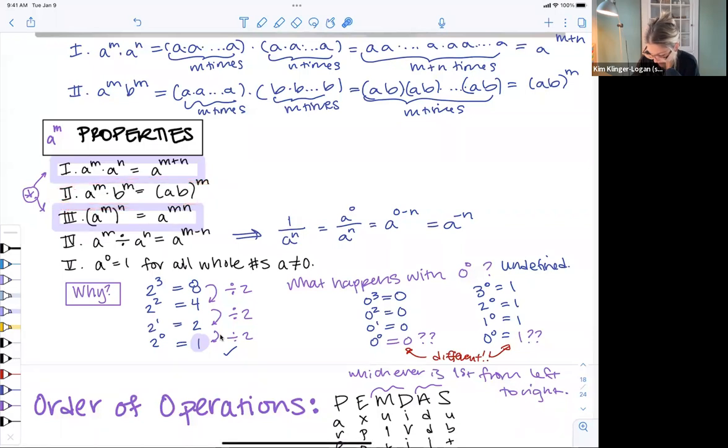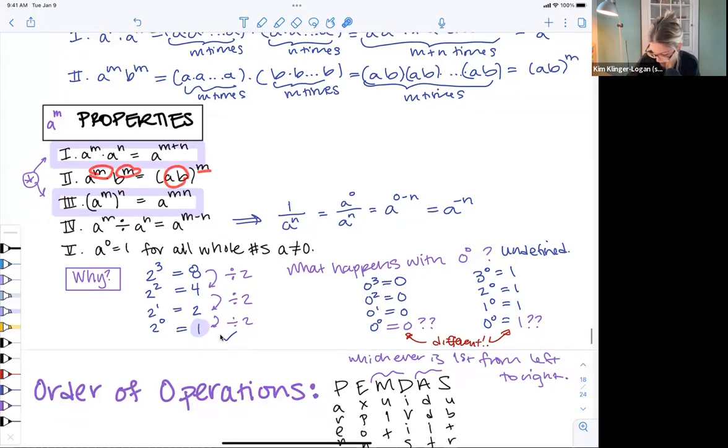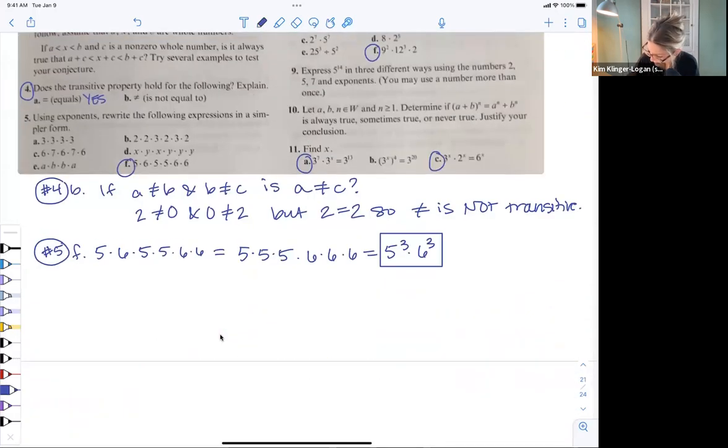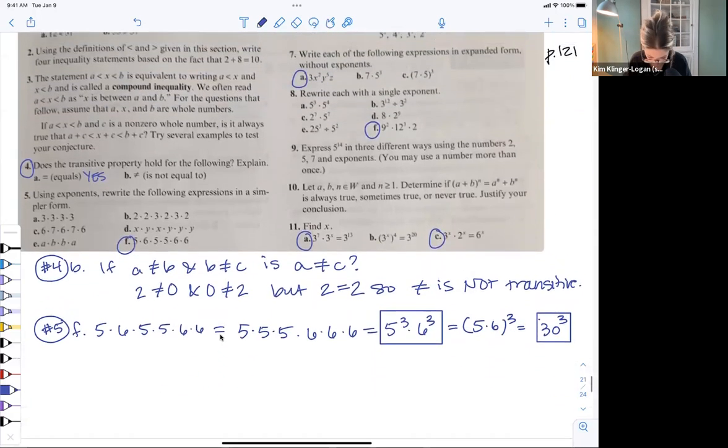I have the same exponent, and so I combine the bases and raise them to that same exponent. Okay, so this is 5 times 6 cubed, or 30 cubed. So I think either form would be roughly what they were looking for in this answer. Yeah, because they said to do it using exponents. So I imagine what they're looking for is 30 cubed, but it's a little ambiguous.